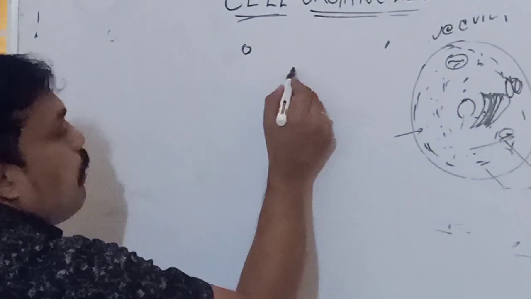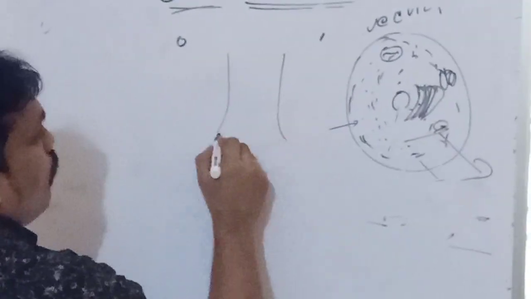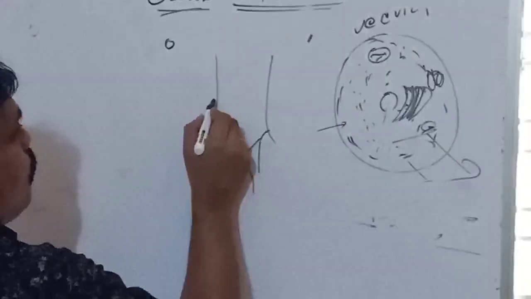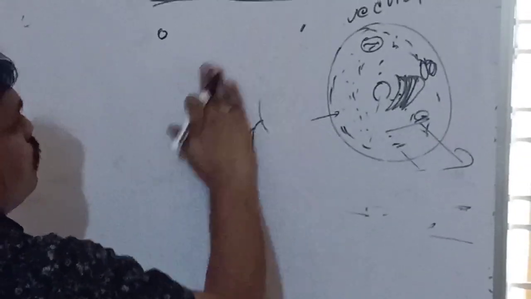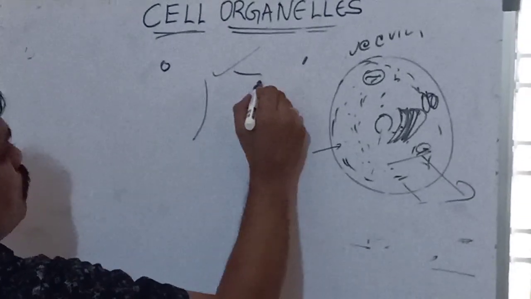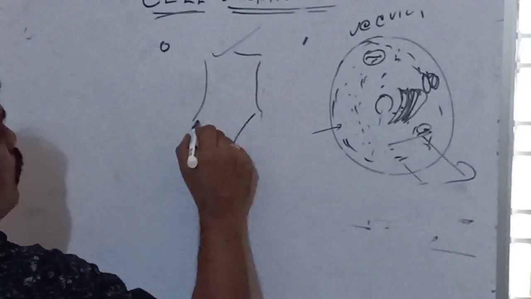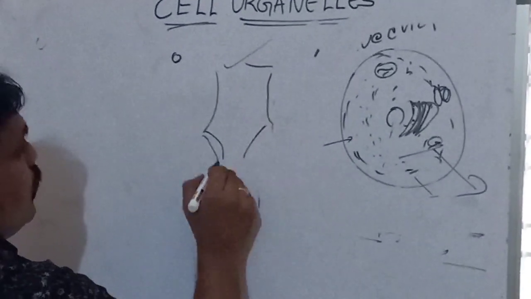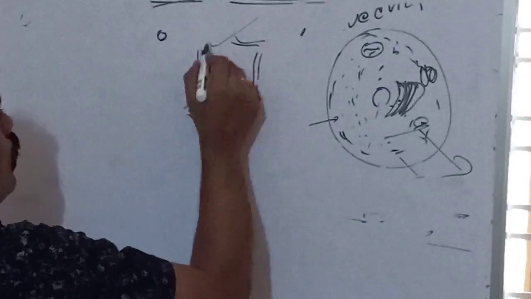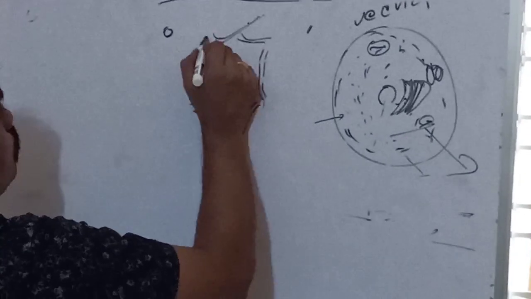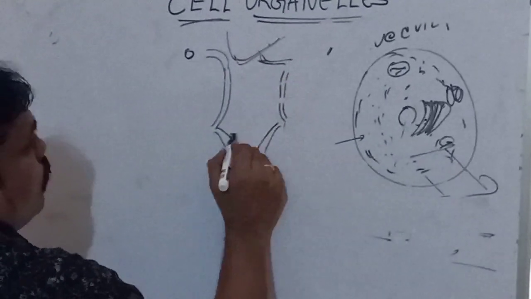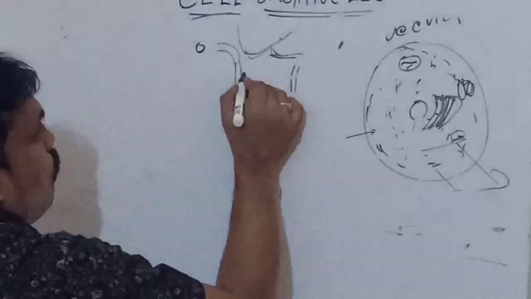If you observe the plant cell, the outer covering layer is the cell wall.